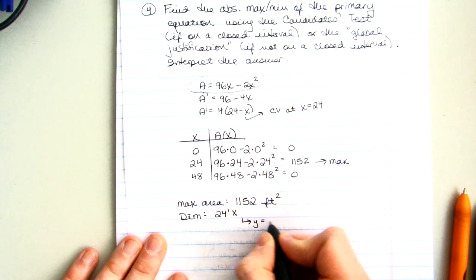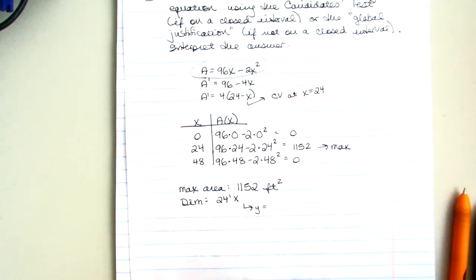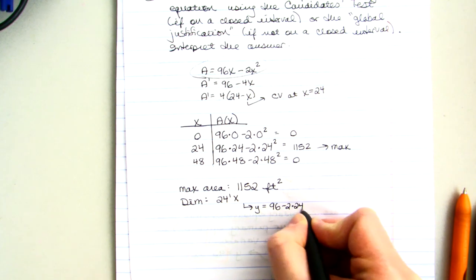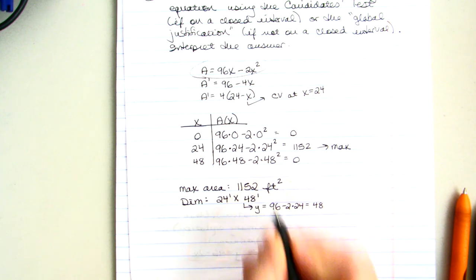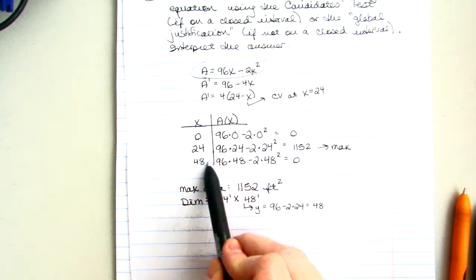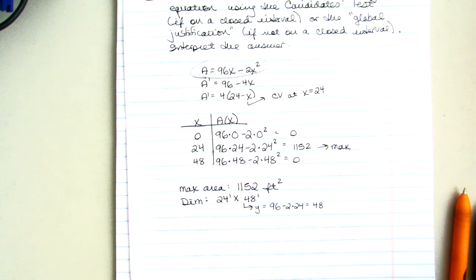According to a formula that I had over here, my y is 96 minus 2x. So I'm going to say 96 minus 2 times 24, 96 minus 48, that's 48 feet. Our justification is using the candidates test, maximum area, and those are the dimensions.